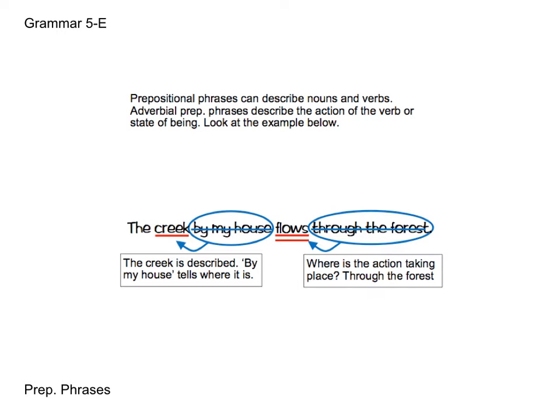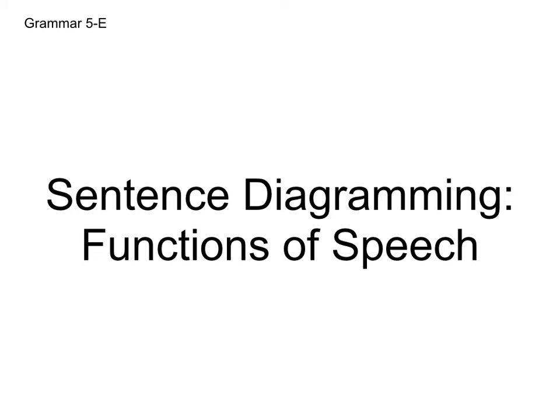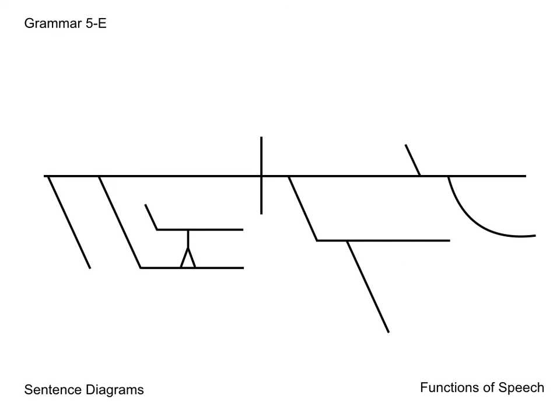Now that we have gone over all that review material, we're going to get into the core of this video, and that's going to be sentence diagramming with functions of speech. This is something that you first learned how to do in Grammar 4, and we're continuing it in this level as well. So what we're looking at is just a blank diagram like this.